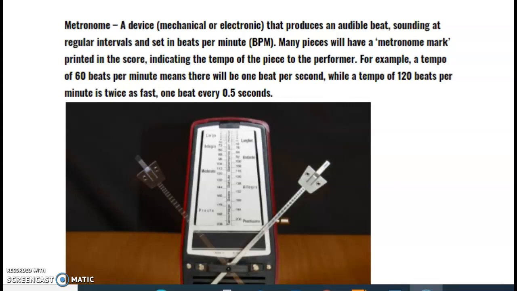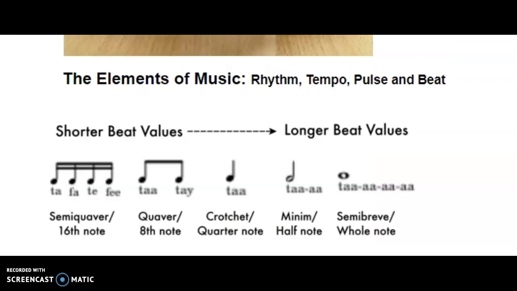And that's quite slow. And if I have to go faster, I just go faster. You see there also 120 beats per minute. That's twice as fast. So that is my metronome.